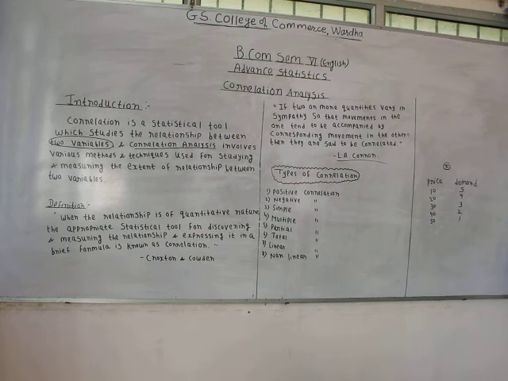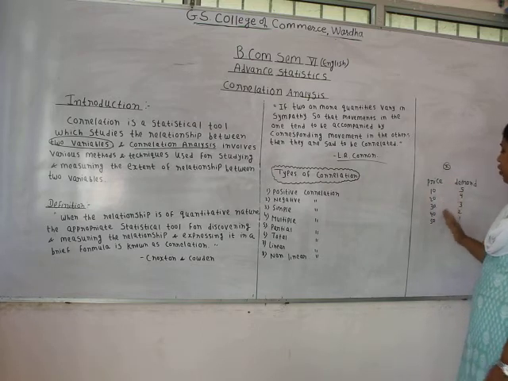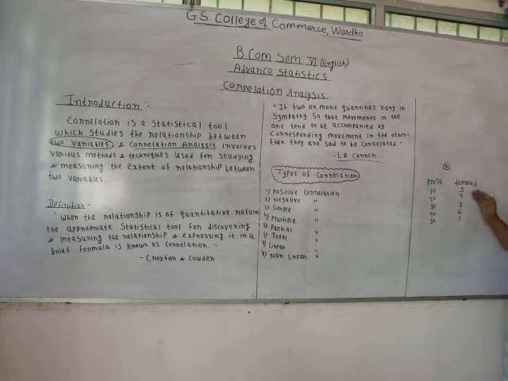So here what you can see, when the price is 10 rupees, the quantity demanded is 5 units. When the price increases to 20 rupees, the quantity demanded declines to 4 units. When the price further increases to 30 rupees, 40 rupees and 50 rupees, the quantity demanded further declines to 3 units, 2 units and 1 unit.